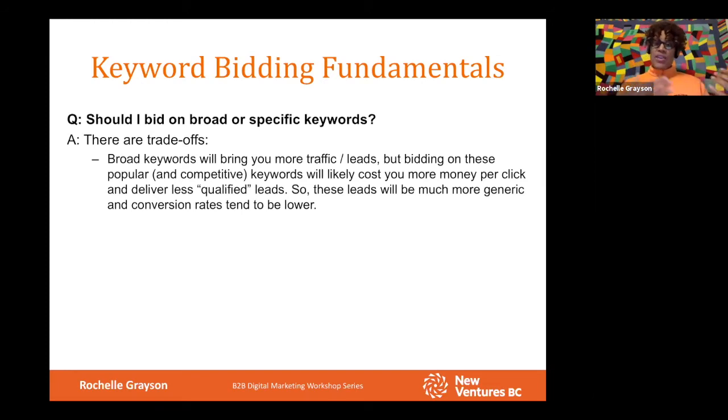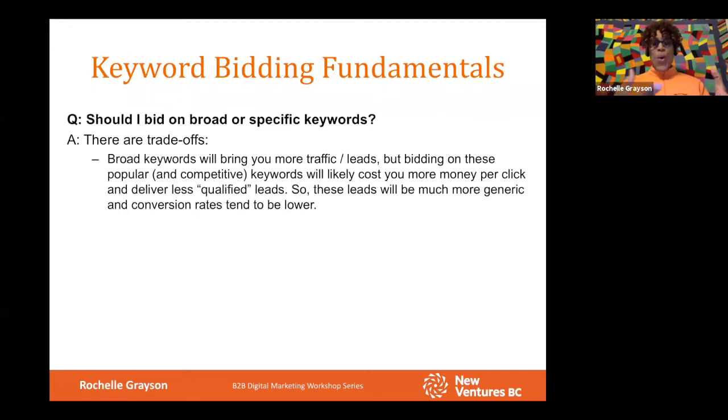The other thing, though, on the downside, is when people come to your website, if they're just looking for digital marketing and you are selling, for example, B2B digital marketing, so very specific digital marketing, there may be some people who come to your website who were looking for B2C digital marketing. Because they just typed in digital marketing, it's not a good match. So they're less qualified leads.